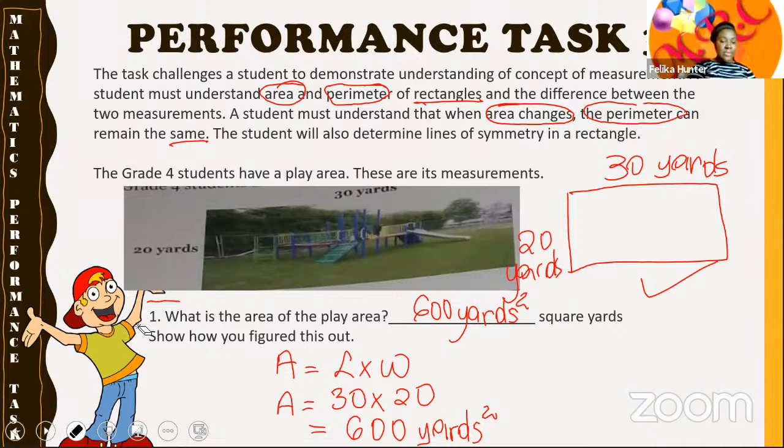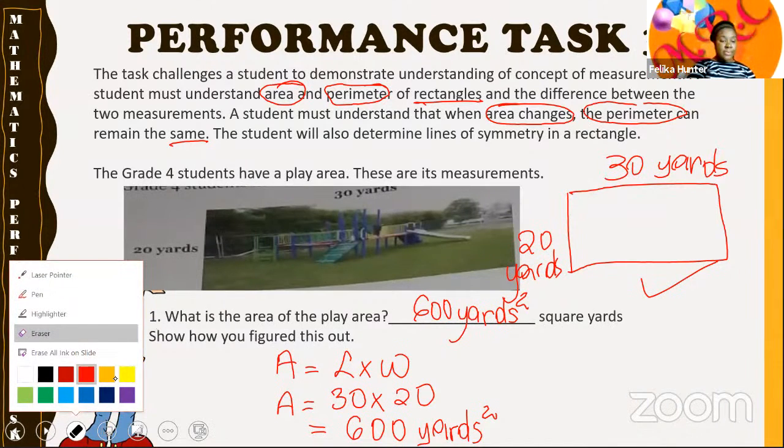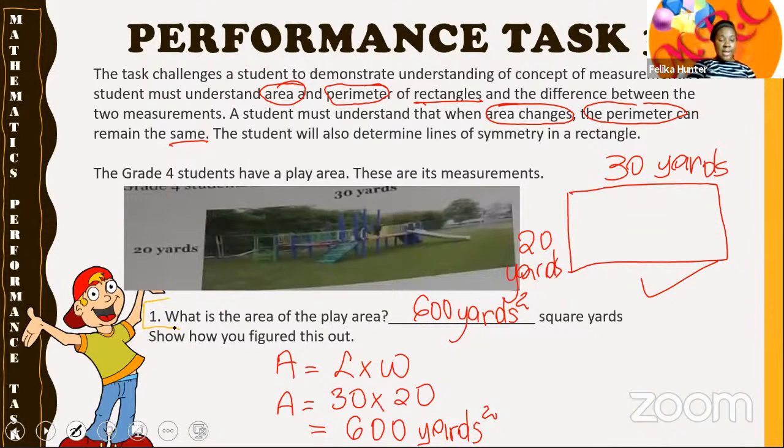I don't want you to write the entire question, just that part of the question, your solution, and the diagram. Please use a ruler so your work will look neat. Don't freehand, use a ruler or a straight edge. So draw your rectangle, 20 yards by 30 yards.